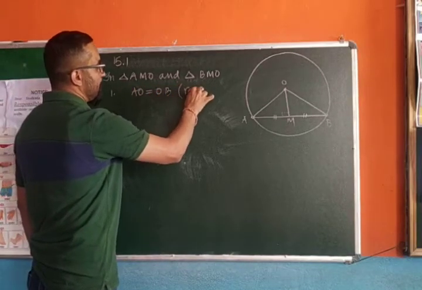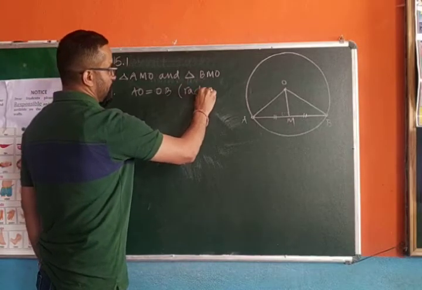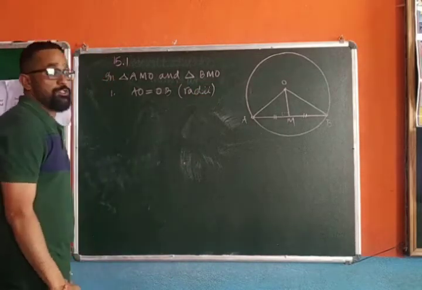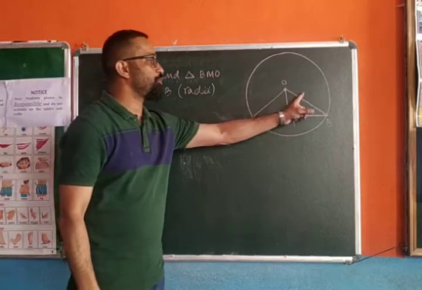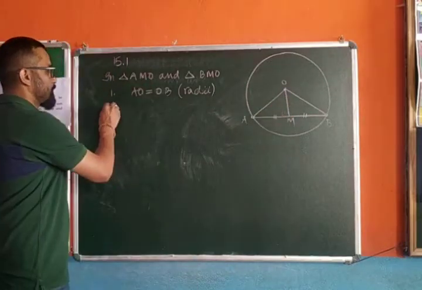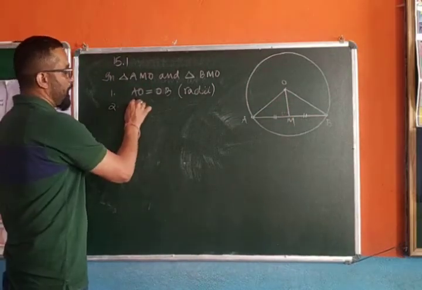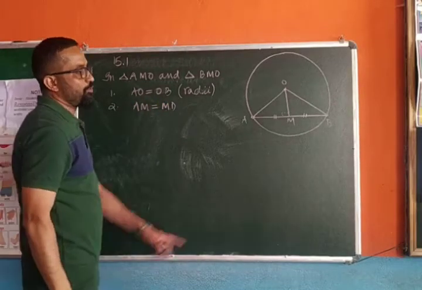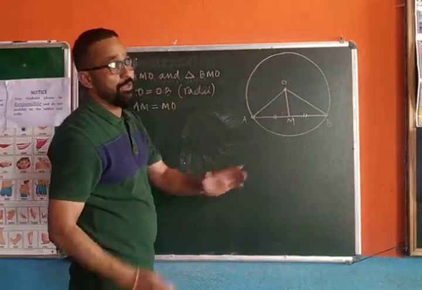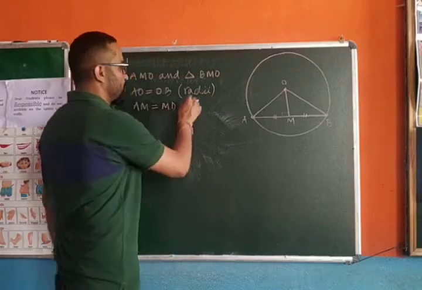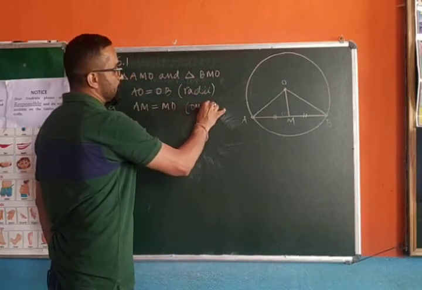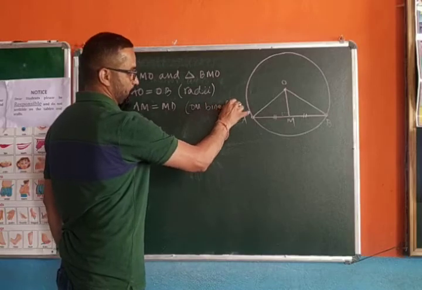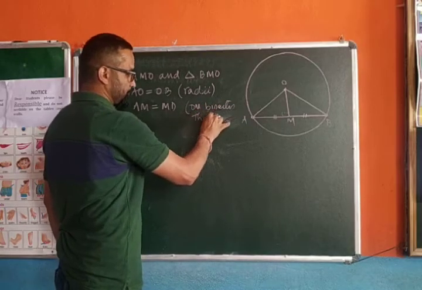They are radii. Radii of a circle is always equal. Second one, AM is equal to MB, because this line OM is bisecting the chord.